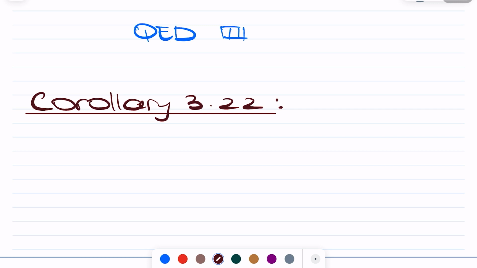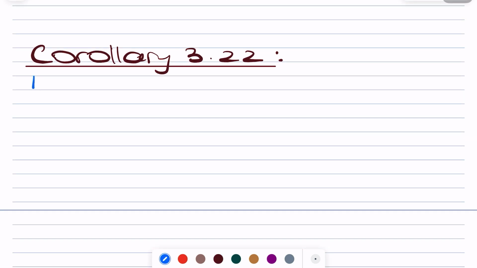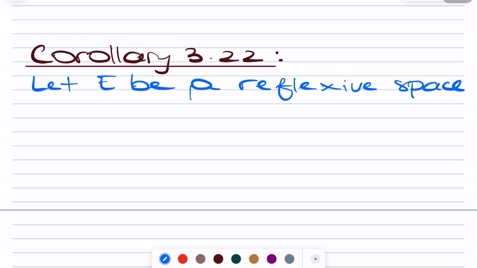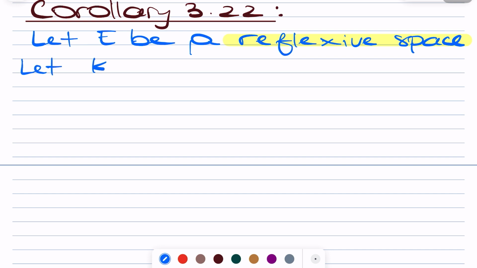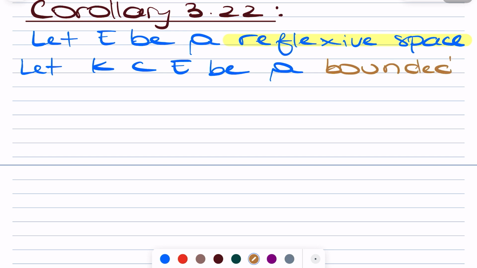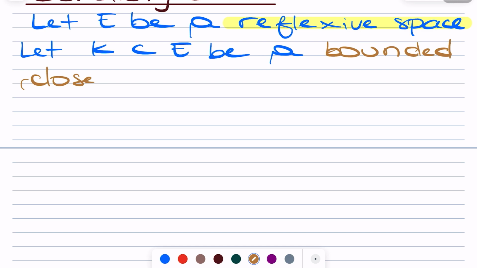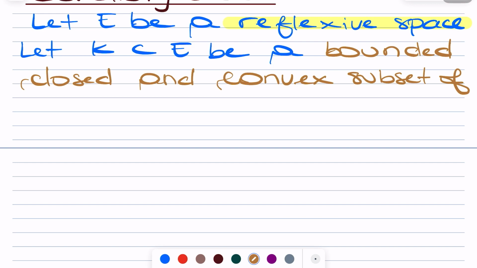So let E be a reflexive space again, and let K be a bounded, closed and convex subset of E, in the strong topology, of course.